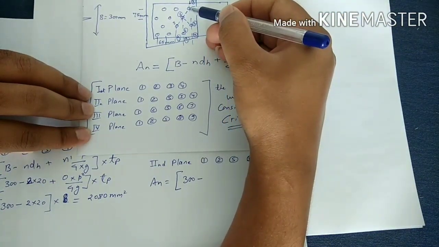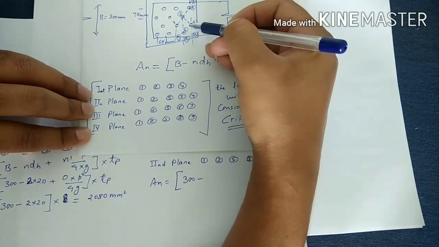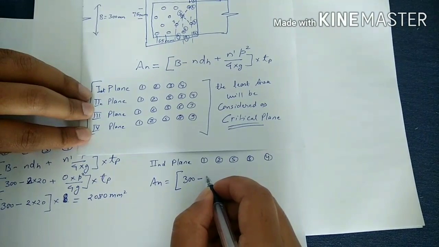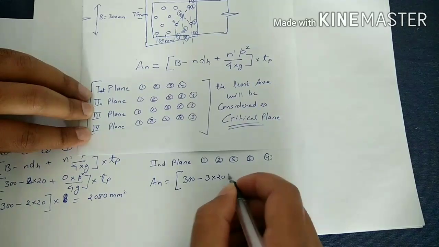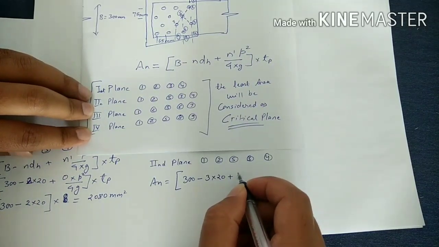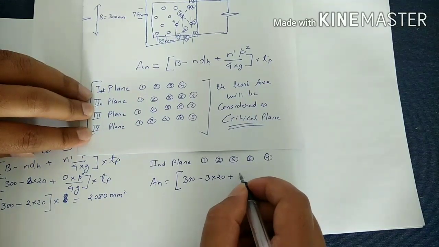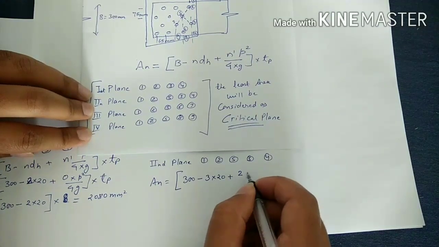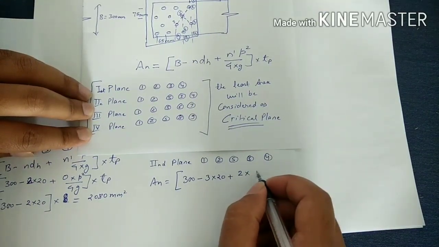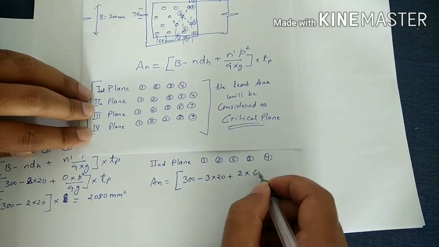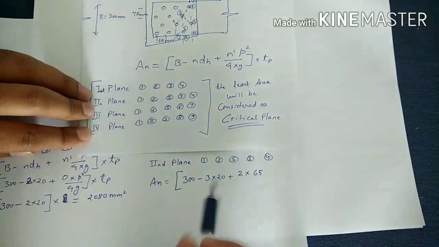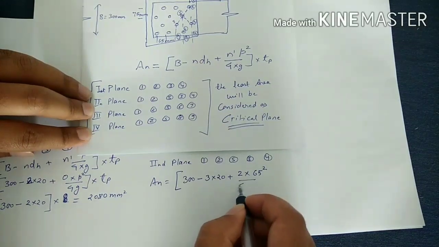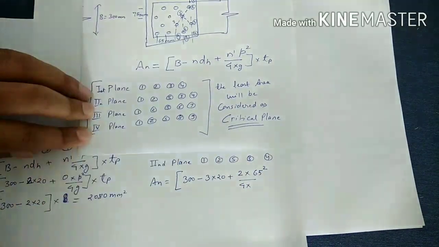So 3 bolts into the diameter of holes, that is 20, plus staggering, 2 times, into pitch square, where pitch is 65, upon 4 into G, where gauge is 75.